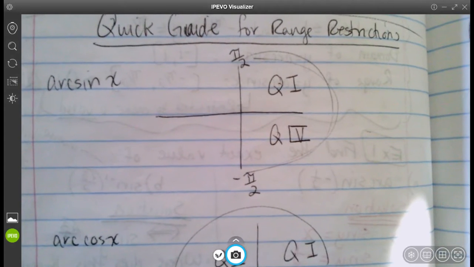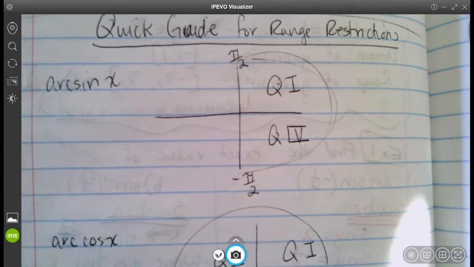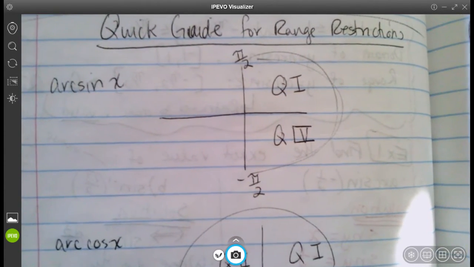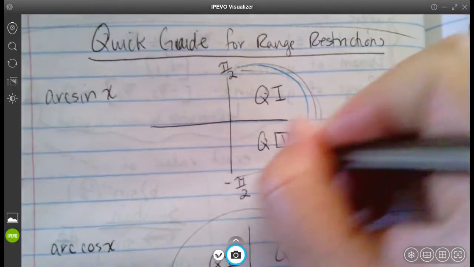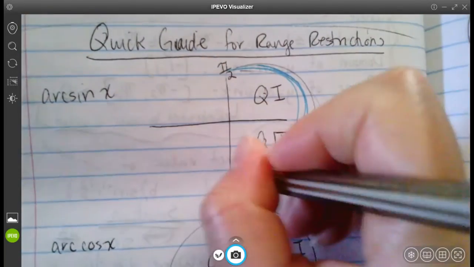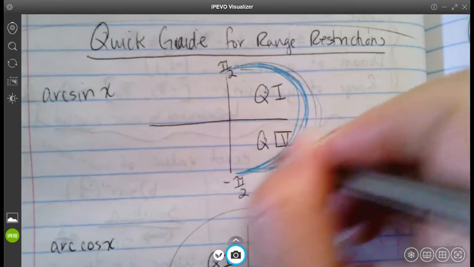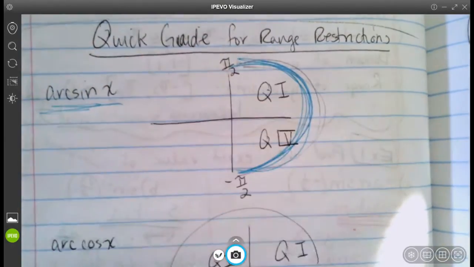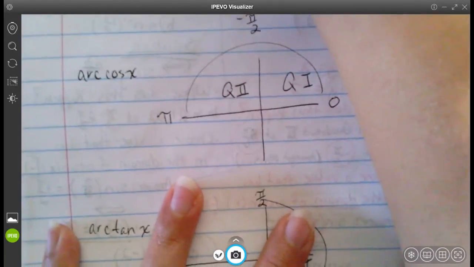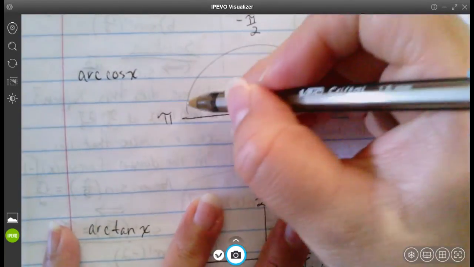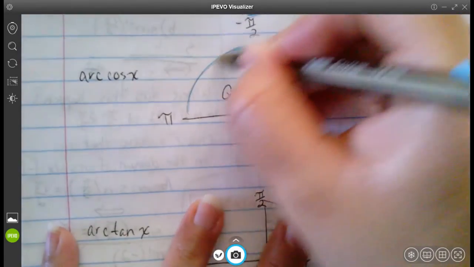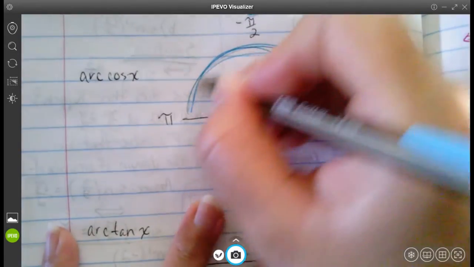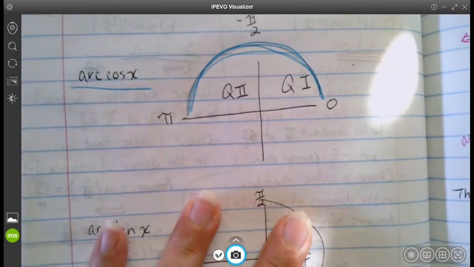For arcsine, we will be looking at quadrant 1 and 4. So basically the right side of the circle is going to be arcsine. For arc cosine, we have quadrant 1 and 2, so we're looking at the top half of the unit circle.